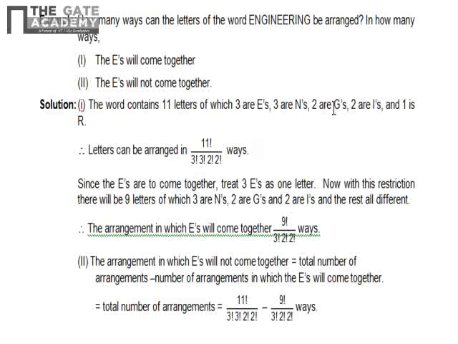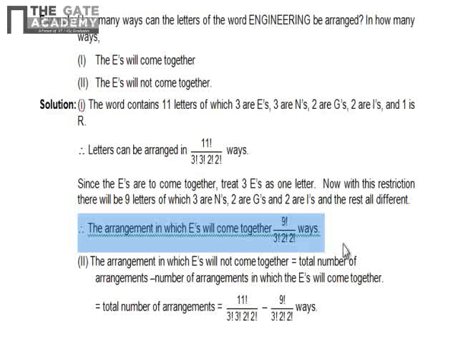Now if you find the arrangement, it will be 9 factorial upon 3 factorial into 2 factorial and 2 factorial. Remember, here we have taken this 3 factorial for E, but now if we are assuming that E should come together only, then we have to eliminate this one.